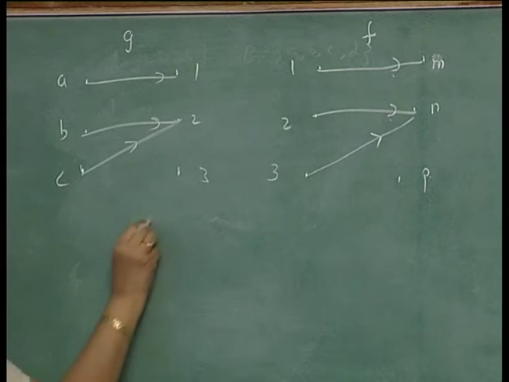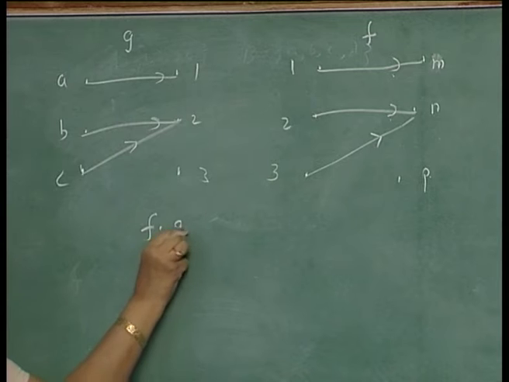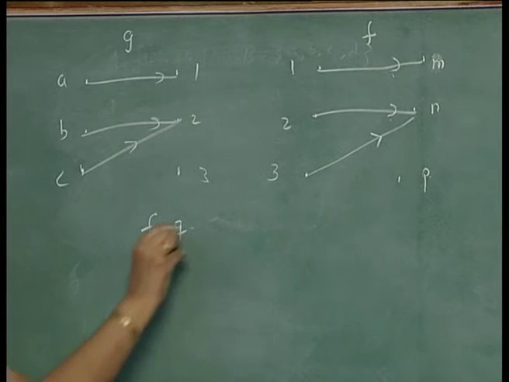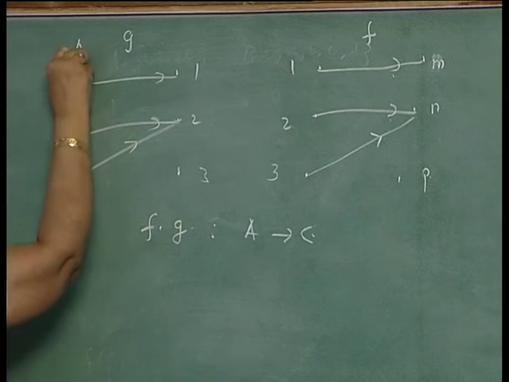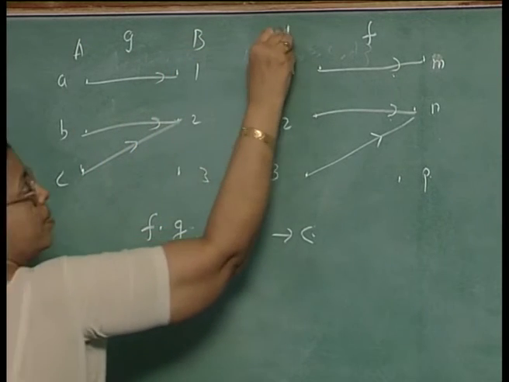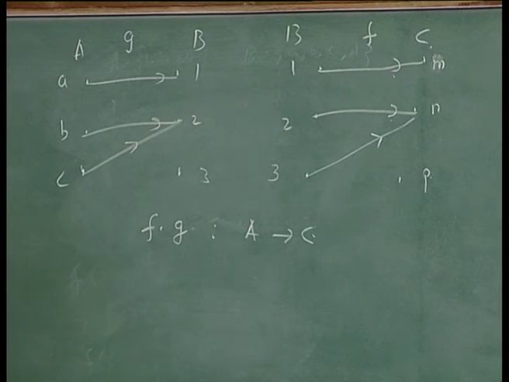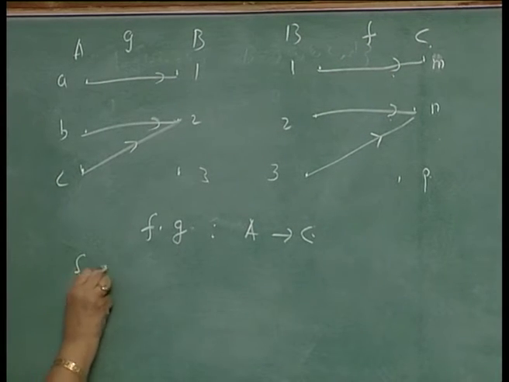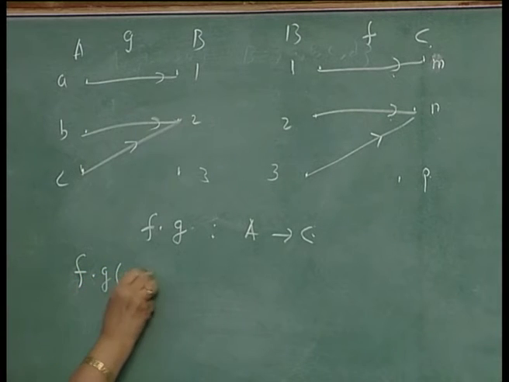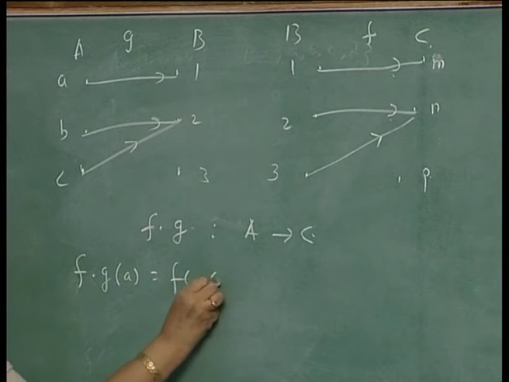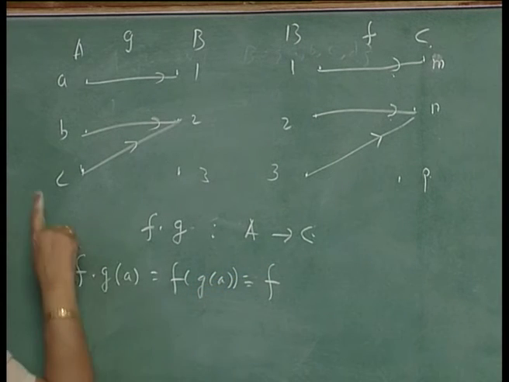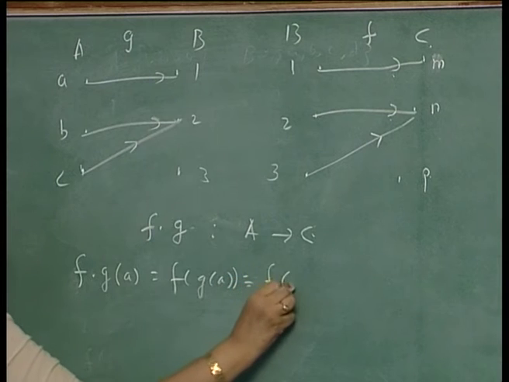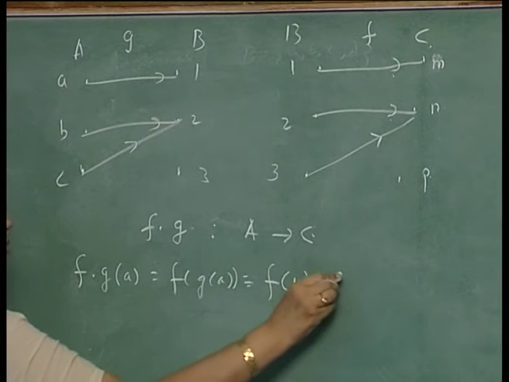Then what is f dot g? It is from A to C, g is A to B, f is B to C. So, it is from A to C, each element you have to define and it is defined like this. So, f dot g of a is equal to f of g of a, and what is that? f of, what is g of a? 1, f of 1, and what is f of 1? That is m.